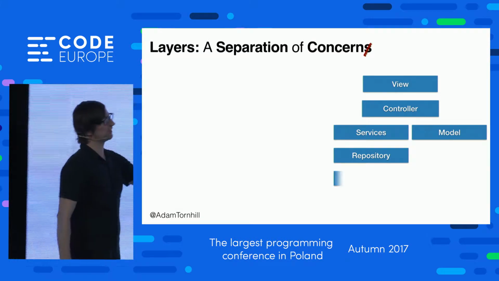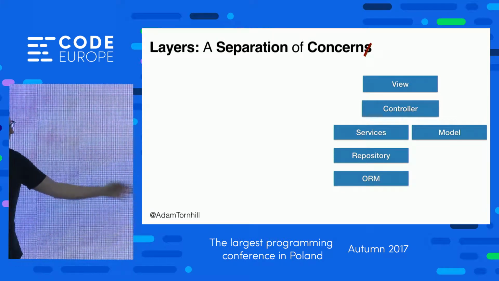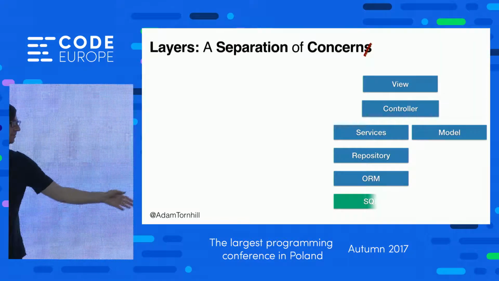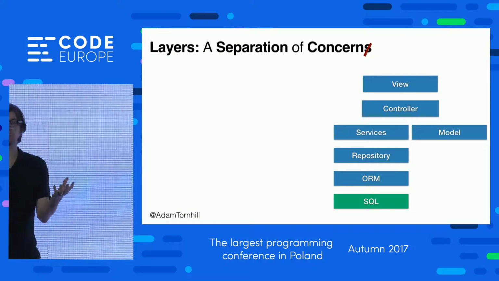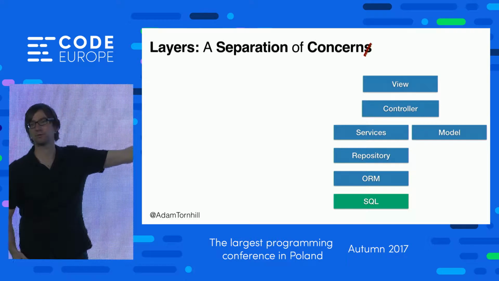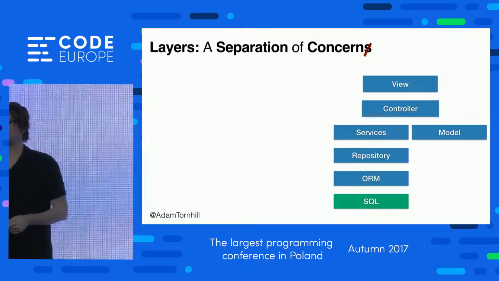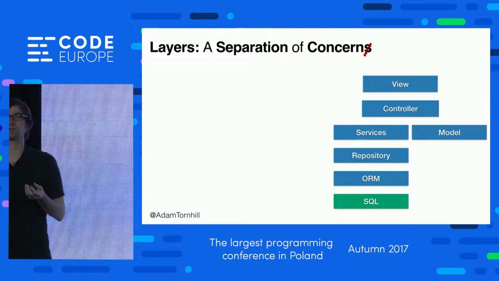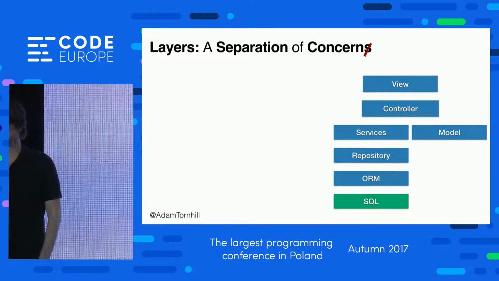And of course, below that, we want the object relational mapper so we don't have to access the SQL directly, and then maybe we have some SQL at the bottom. And of course, you know that in reality, you tend to have even more layers. Perhaps you have view helper layers, and what else, right? So 10 to 11 layers is actually not that uncommon.